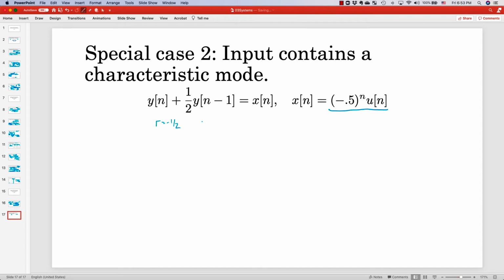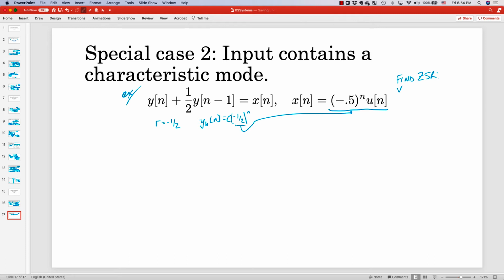So from before, we know that the homogeneous form of this solution is a constant times (-1/2) to the n. And so because this matches with this, that lands us in this special case. And so for this particular example, let's find the zero state response.